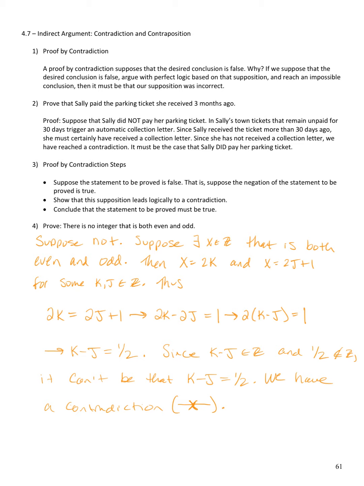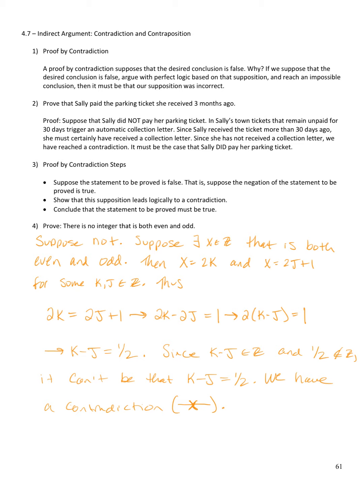So we're going to suppose m is not an even integer, and we need to show m squared is not an even integer.